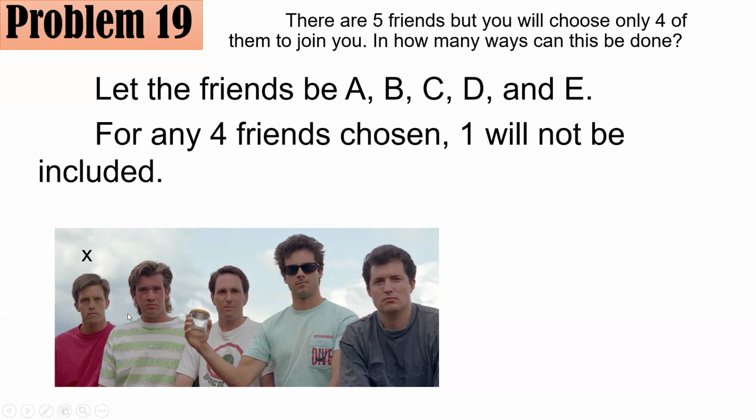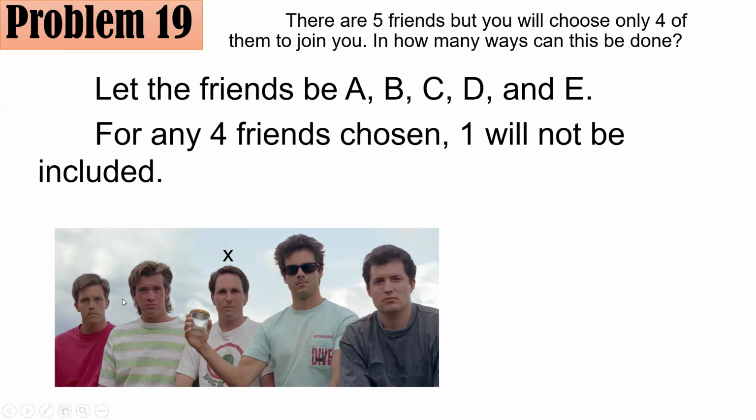For example, out of the five, if I chose these four friends, meaning this person here will not be included. So that's one possibility. Another possibility is that B is not included. Another possibility is the third one is not included.